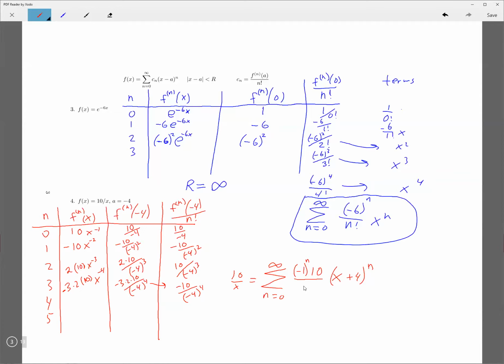And then the denominator would be... negative... n plus 1. Well, that's not good. Okay, so actually, here's what happens.